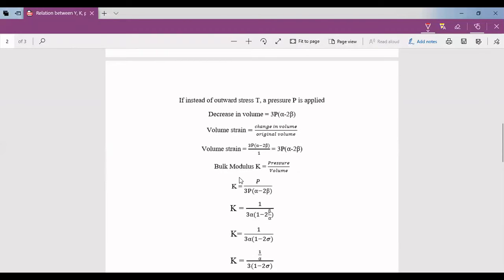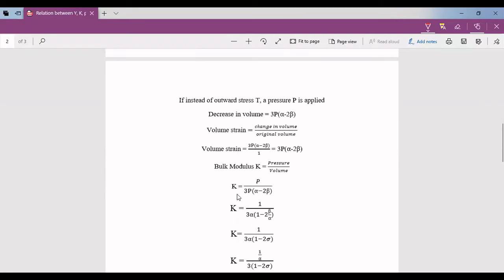Now, what is the bulk modulus? As per the definition, it is the ratio of pressure to volume strain. So bulk modulus will be equal to P by the volume strain, that is P by 3P into alpha minus 2 beta.